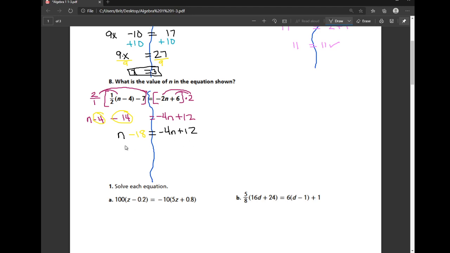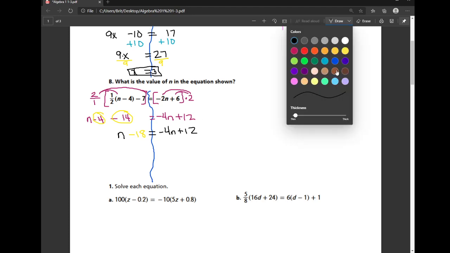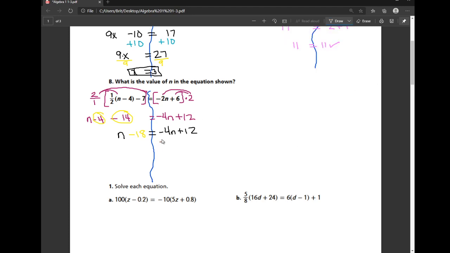And now we're at the point where we can start moving stuff to other sides of the equal sign. So I want to get a positive value in front of my n, so I'm going to be adding 4n to each side of the equal sign to get rid of this minus 4n. Remember to make sure that you're combining only things that have the n's.